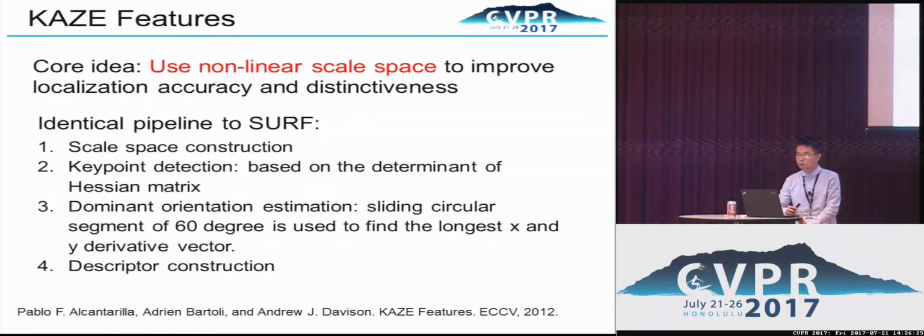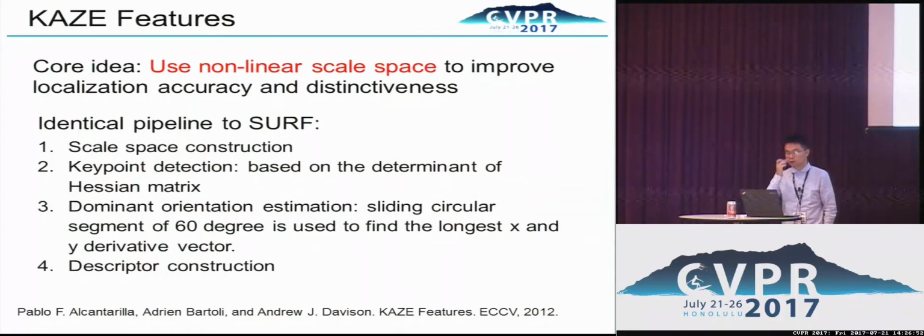The KAZE feature proposed in ECCV 2012 is a typical alternative to the widely used SIFT and SURF by using the nonlinear scale space instead of the widely used Gaussian scale space. Compared to the Gaussian scale space, which is a linear one, a nonlinear scale space could preserve more details of the edges.